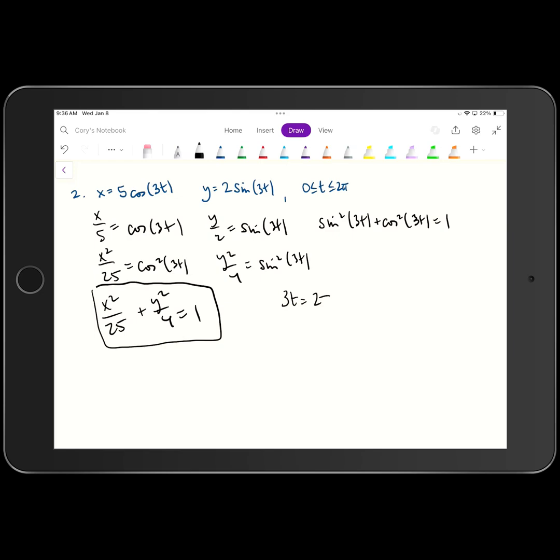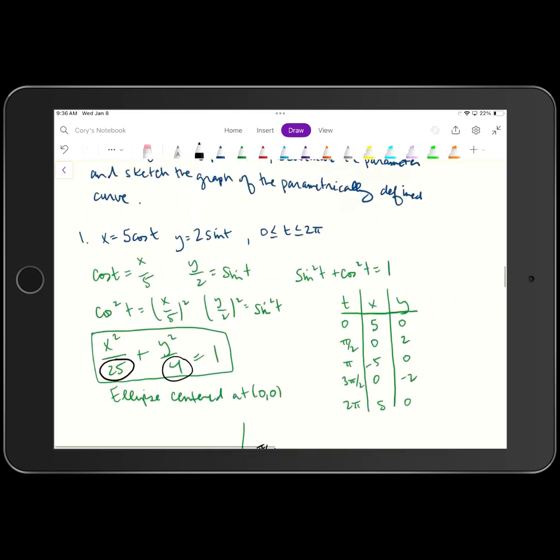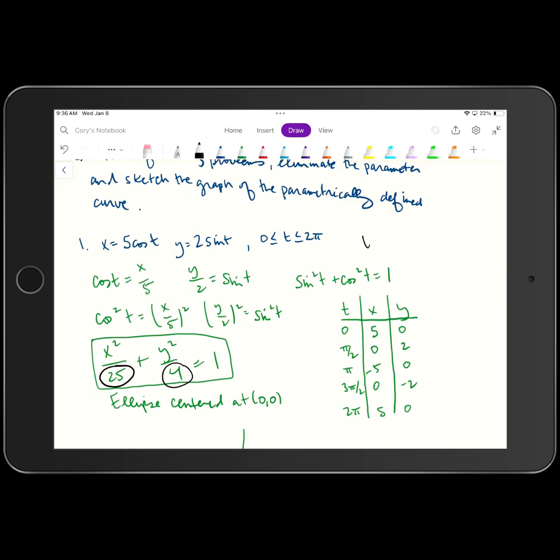So like when we did that for our previous example, when I set t equal to 2 pi, that tells me how long it takes for the graph of both cosine and sine to complete one period. For the previous example, it was 2 pi.